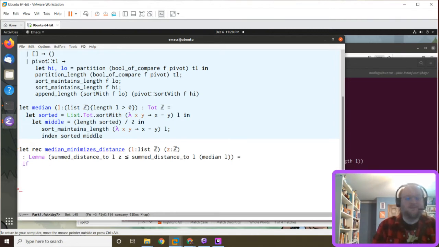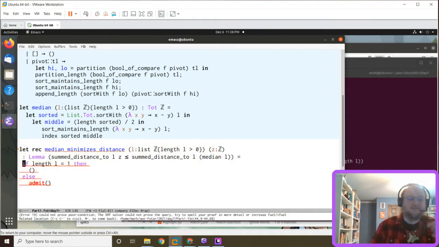And so, can it even prove the base case for us successfully? Yes.